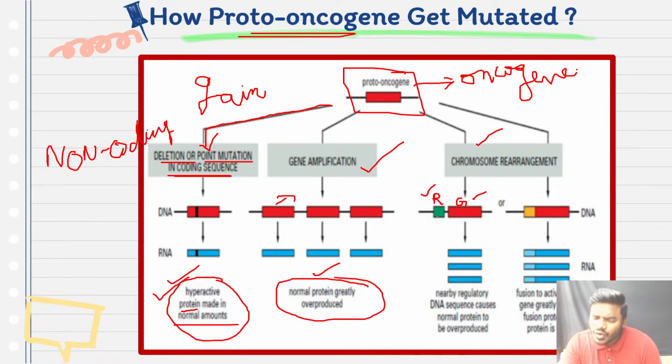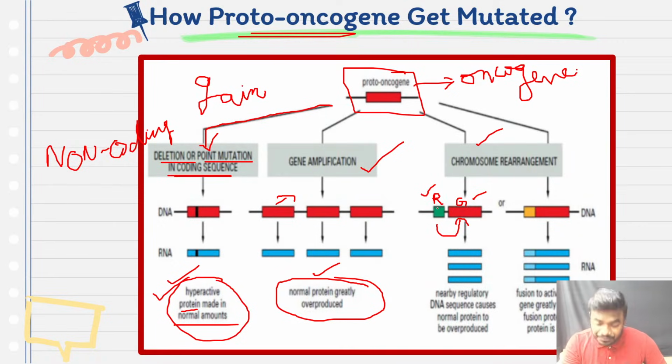Friends, understand, originally what is the function of a regulatory sequence? Regulatory sequence will control the expression of the gene. Whether the gene has to be expressed or not, or gene has to be expressed at what extent, the entire gene expression is under the control of this particular regulatory gene.